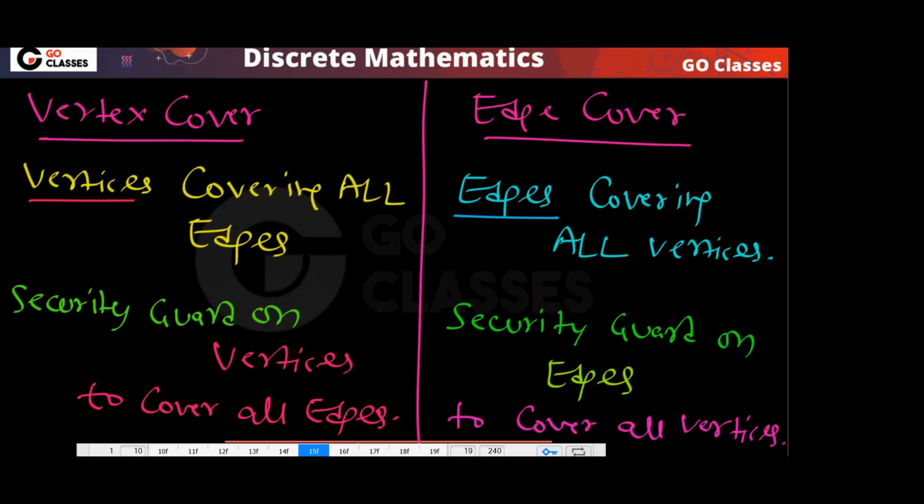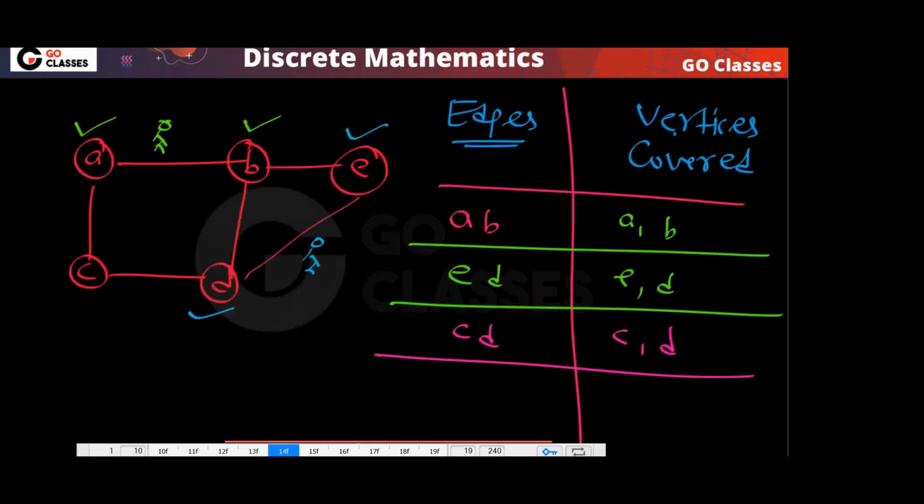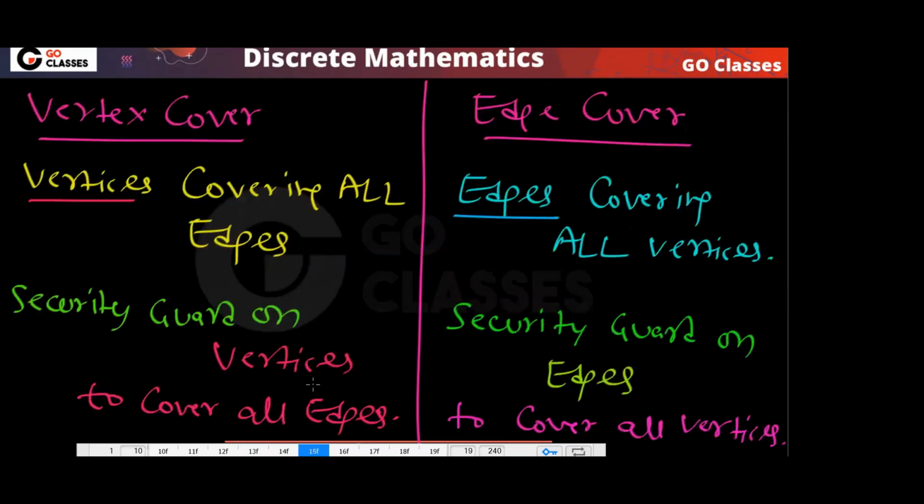Is this concept clear to everyone? What is vertex cover and what is edge cover? Don't confuse them. Vertex cover simply means that you are putting the security guard on vertices, and you want to cover all the edges. Edge cover means you are putting the security guard on edges, so you want to cover all the vertices. So this is the very simple point.